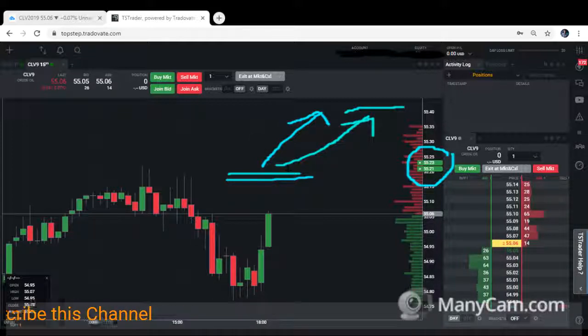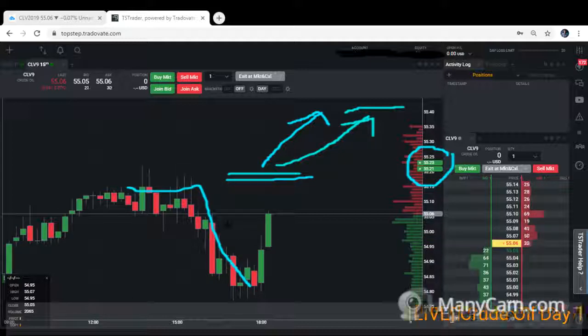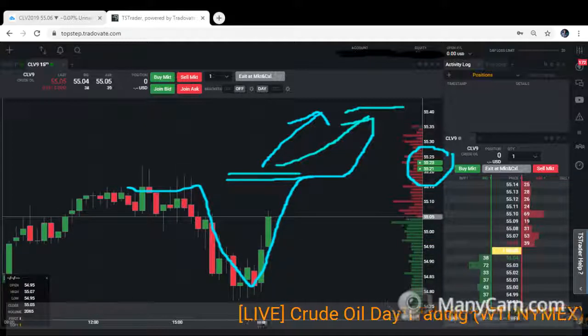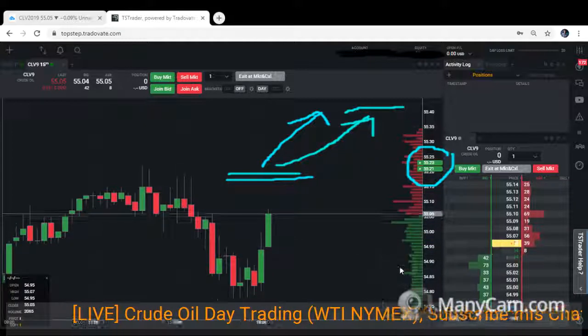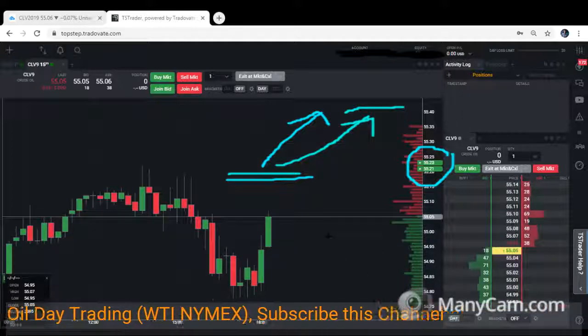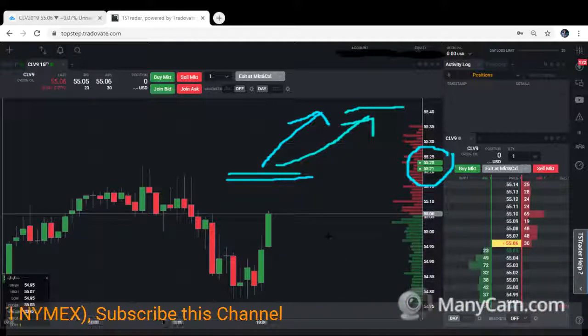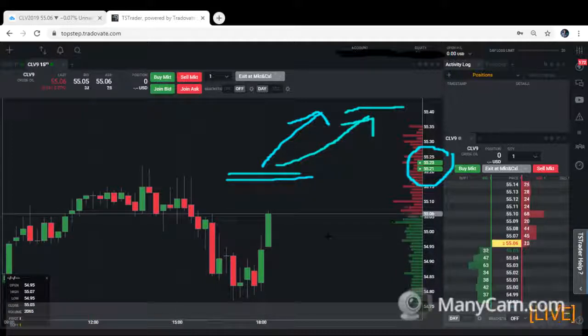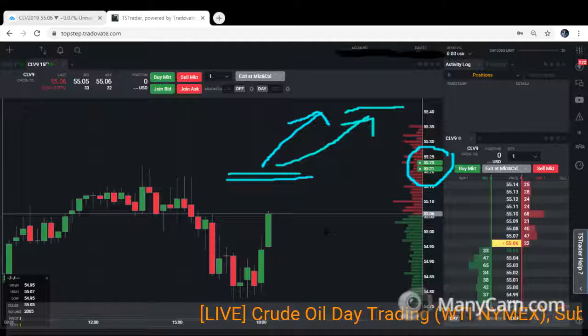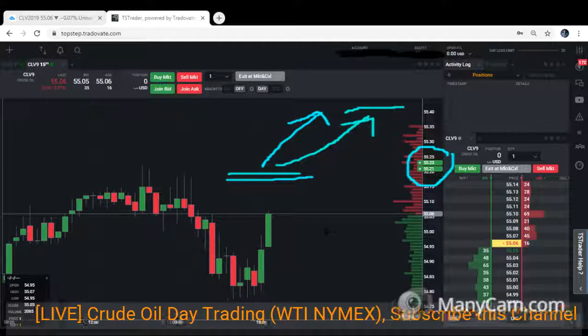It's nearing the entry level after the big drop just now, and we're expecting a breakout further on. Okay, looks good. Now the price is at 55.06, which is about 12 ticks to go before it triggers and fills our entry point at the stop limit order.